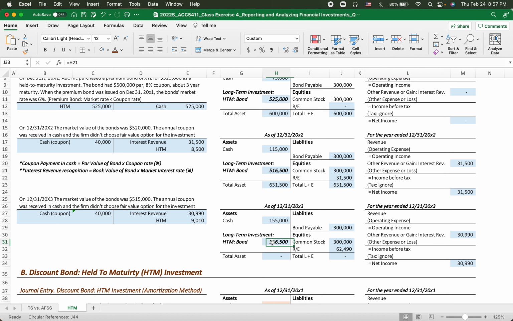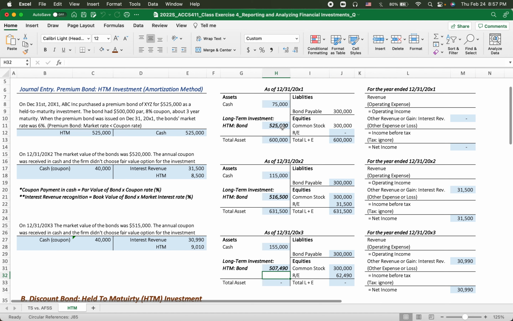Now HTM, this amount will be reduced. Now it's getting closer to the par value, $500,000, which is the amount that will return at maturity.